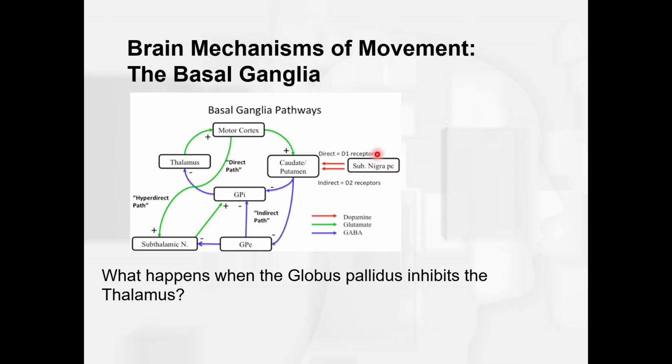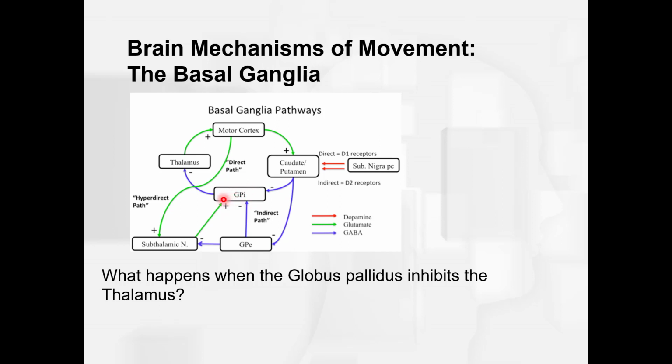So the substantia nigra is going to project to the caudate. And remember we said that the substantia nigra contains dopamine producing cells. And so those axons are going to project to the caudate and release dopamine on the receiving neurons in the caudate putamen. The caudate putamen contains GABA producing neurons. And so its axons will extend to the globus pallidus, specifically the internal part, and when they release GABA, they'll inhibit the globus pallidus.